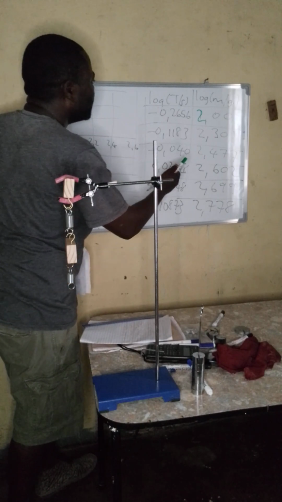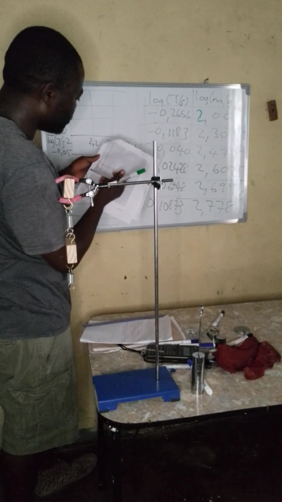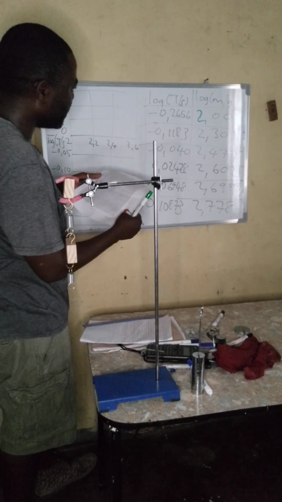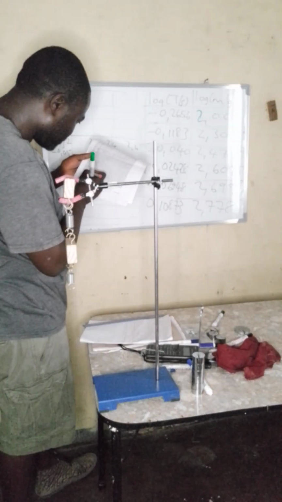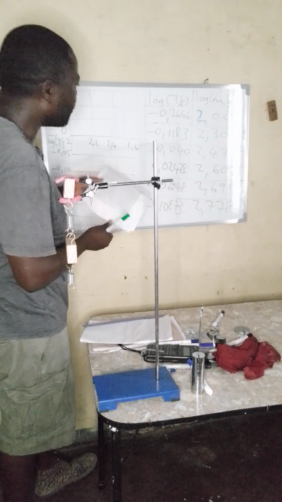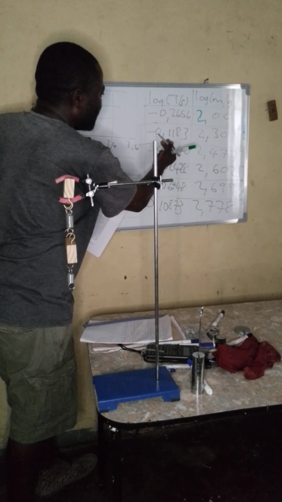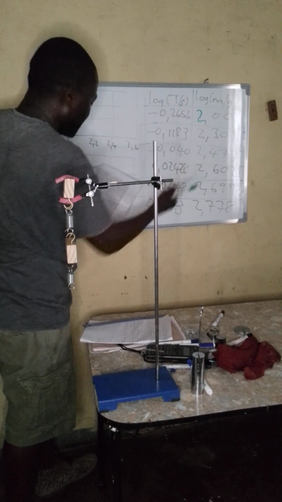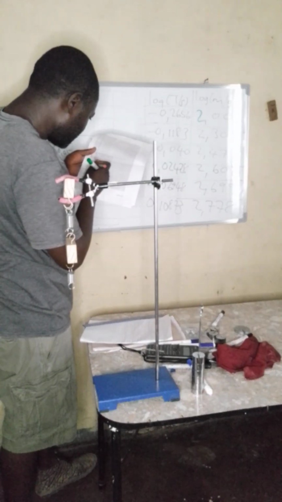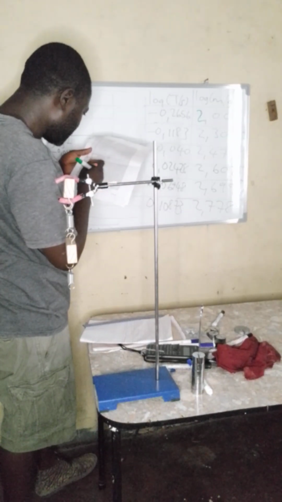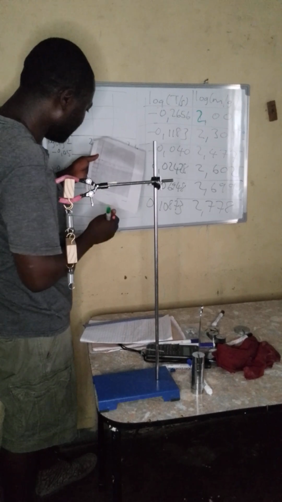So we're going to plot these points. We should look for 2 against minus 0,27. This is the point here. Then minus 0,118, so it will be minus 0,12, we round off, against 2,3. Here I have plotted this point.